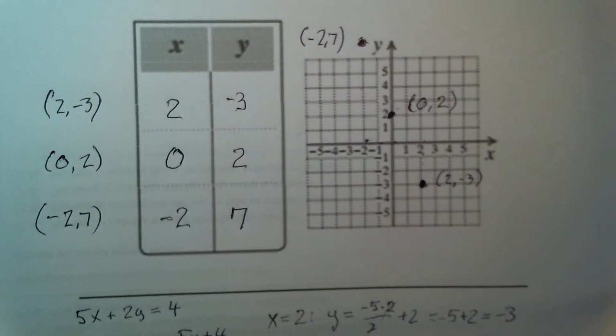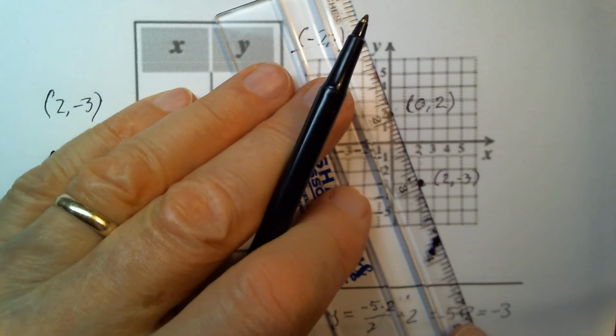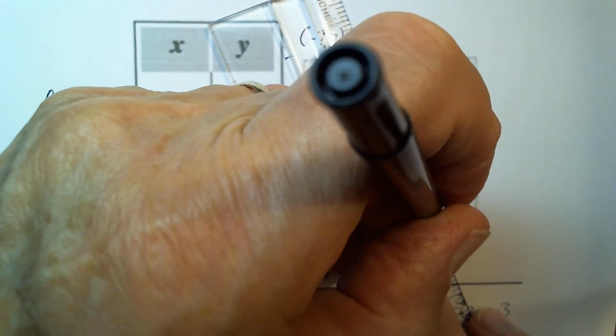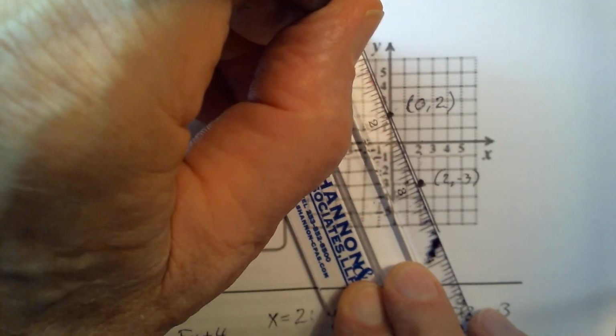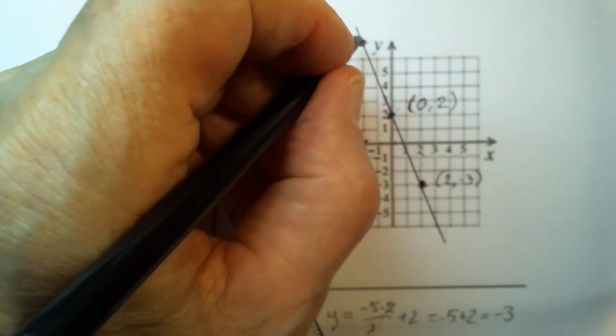And again, we draw a line through these 3 points. And this is a graph of our equation.